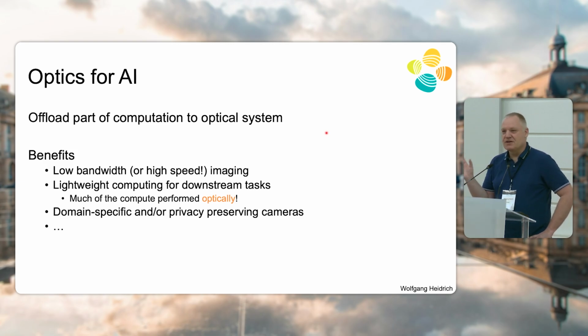Nonlinear optical computing is something a lot of people are working on, including me and my collaborators, but it's not really ready to talk about. But we can do a lot already with just linear optical processing, because you get computation almost for free at the speed of light. There's no power consumption, nothing. It's just free. Okay, so that's the first part.